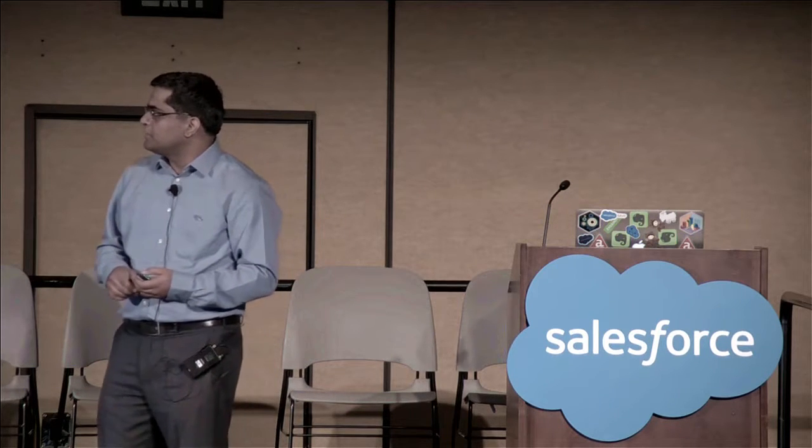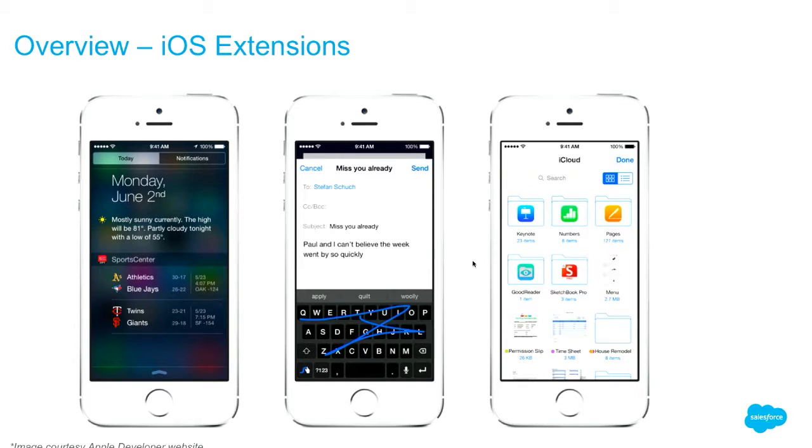And a browser extension, which again, if you're reading something and you want to post it anywhere, that's again a common example. One of the most common use cases for extensions is the Today extension, which you see on the left. The calendar extension is probably the most used extension.